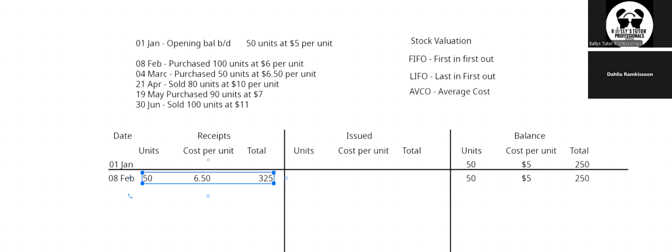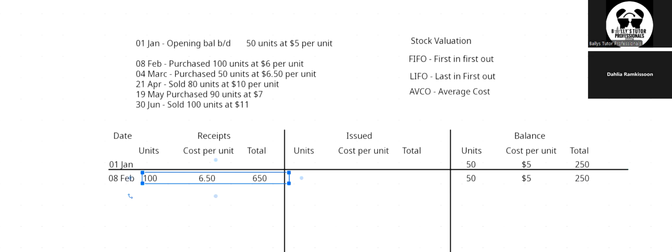So it's not 325, it's 650. I made a mistake, my bad. Because February 8th, we purchased 100 units at $6 each. I'm watching the wrong thing. So it's 600. I was watching March the 4th, my bad.